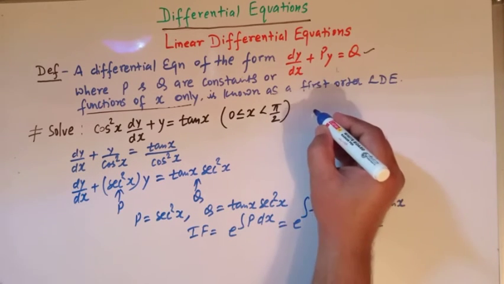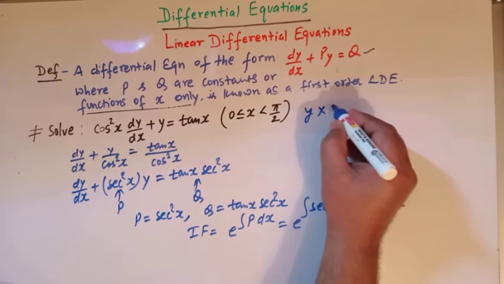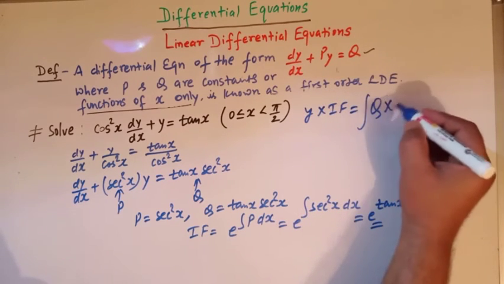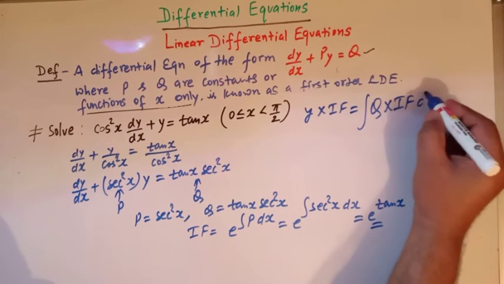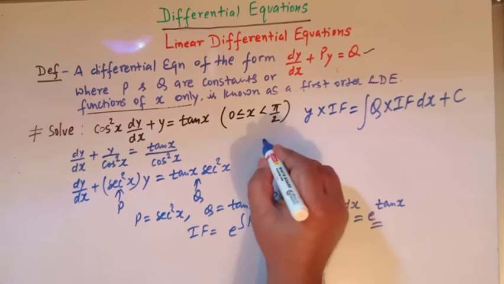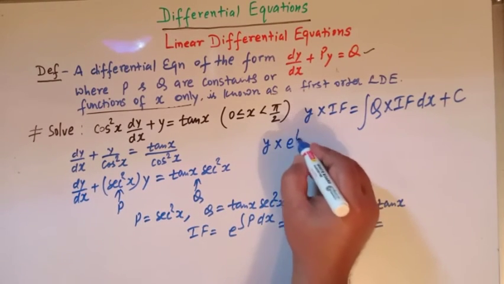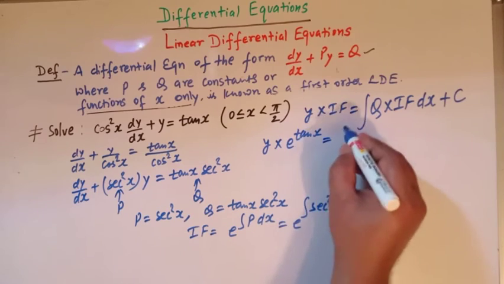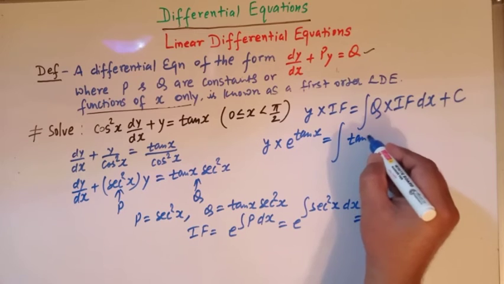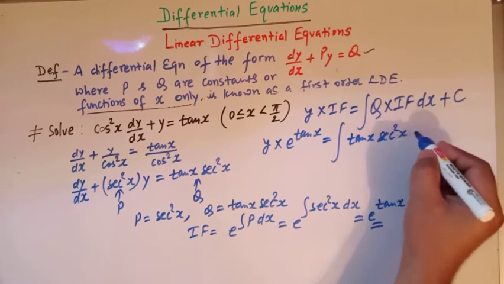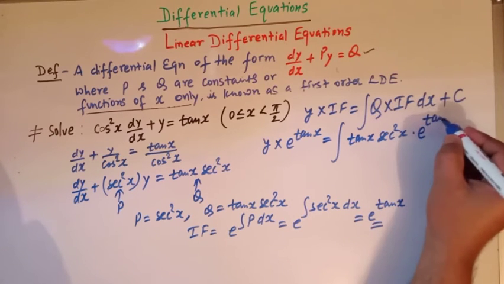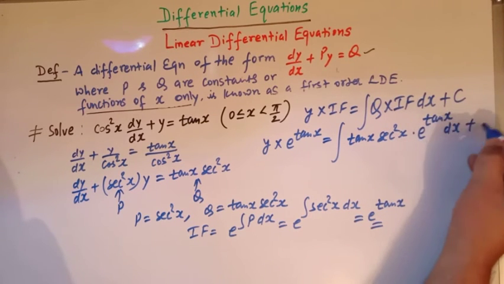Now the solution is given by y times integrating factor is equal to the integral of q times integrating factor dx plus c. Now substituting the values, we have y times e raised to tan x, and we have the integral, the value of q is tan x sec square x times the integrating factor e raised to tan x dx, plus c.